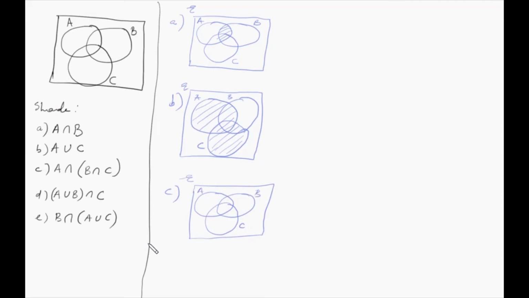So A intersect B intersect C. You can just shade A and shade B intersect C, and then spot the double shaded region. Let's look at it. I can just put it here.